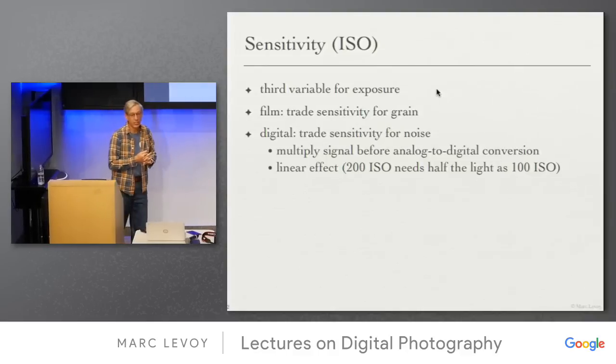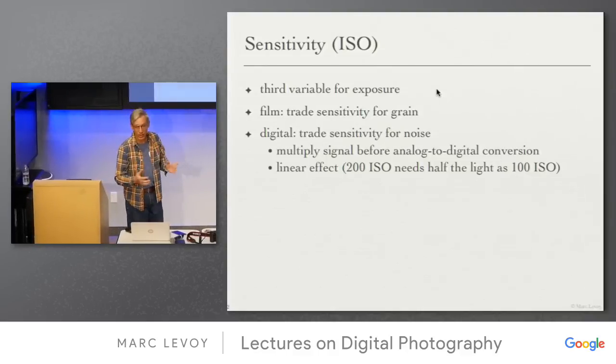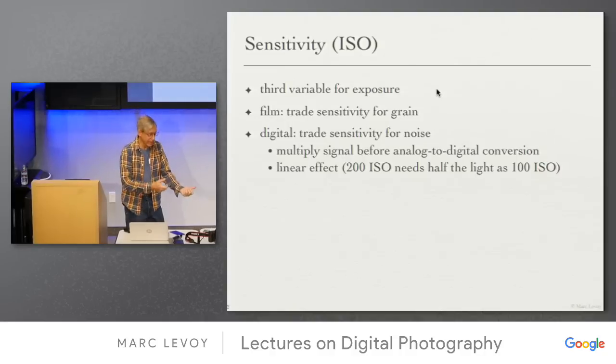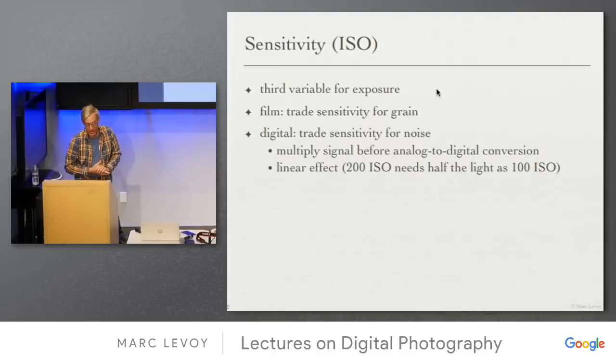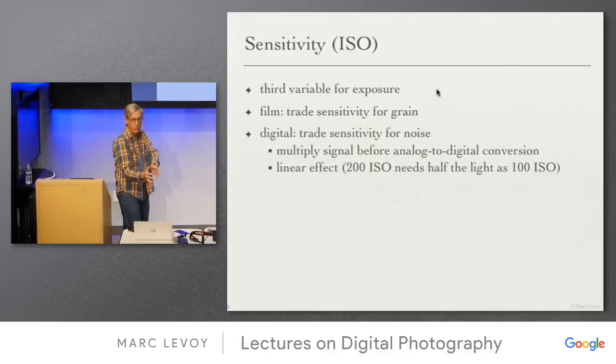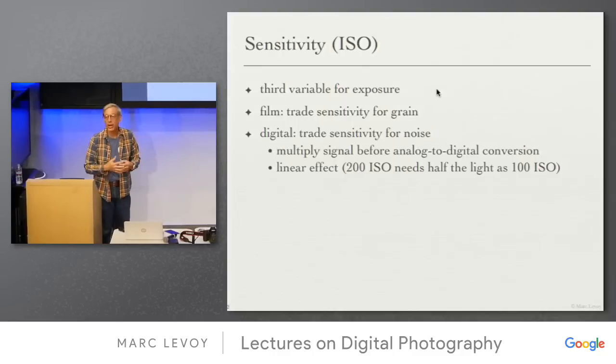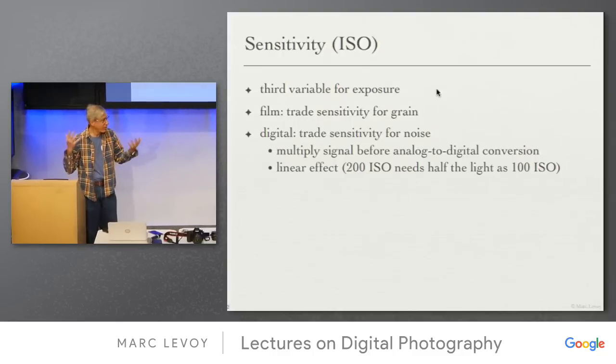What it does is it multiplies the signal in analog, multiplies the voltage. We'll talk later about how sensors work, before it gets converted to a number, before the analog to digital conversion. And that has a linear effect. So ISO 200 is multiplying the signal roughly by 2, ISO 400 by 4.